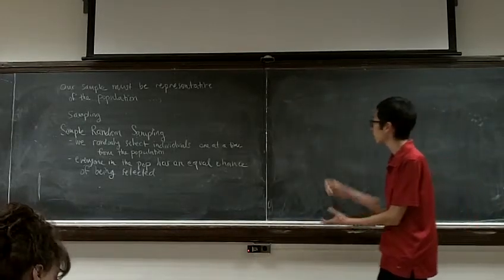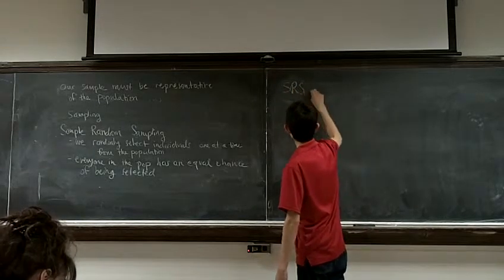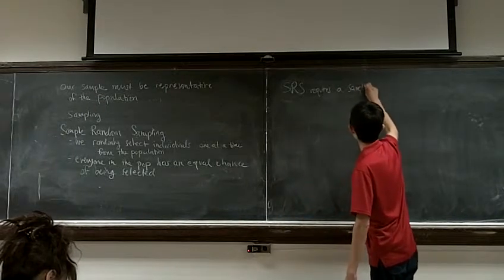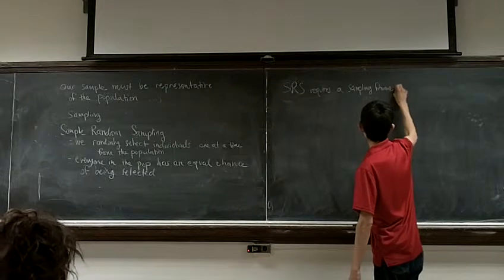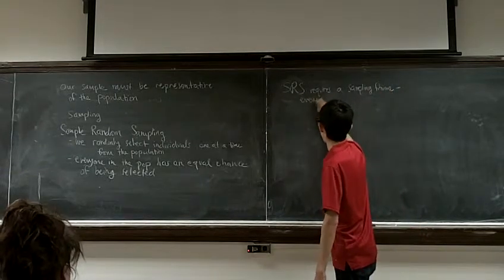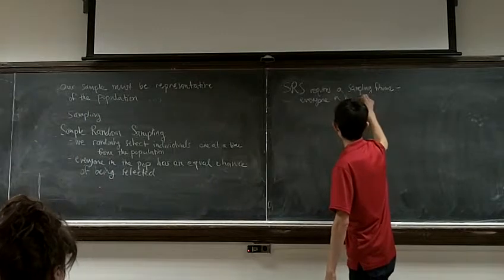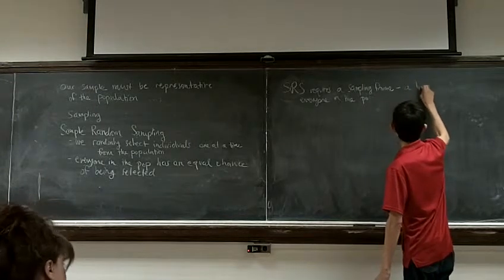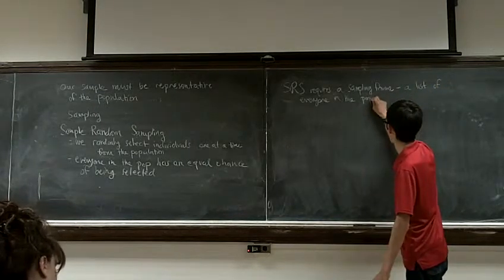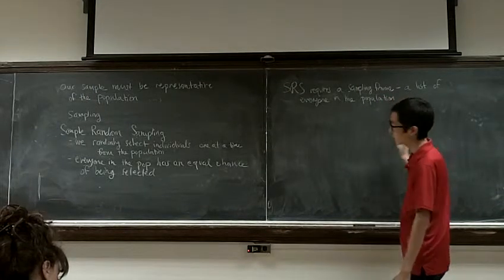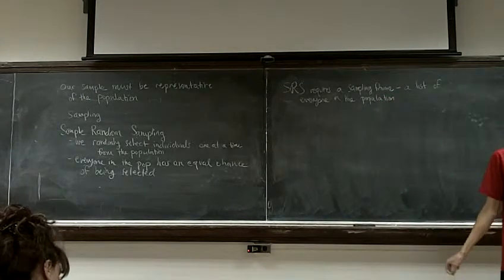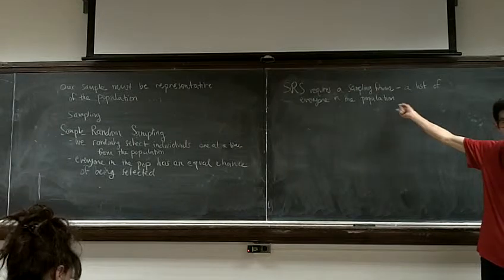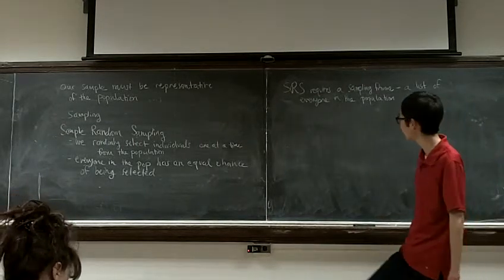So simple random sampling requires what we call a sampling frame, which is a list of everyone in the population. All we do is randomly select from the sampling frame. It's very simple. The difficult thing is obtaining this sampling frame, a list of everyone in the population.